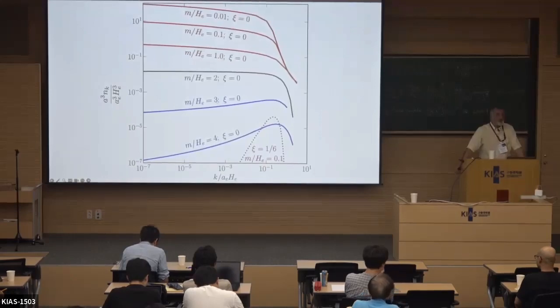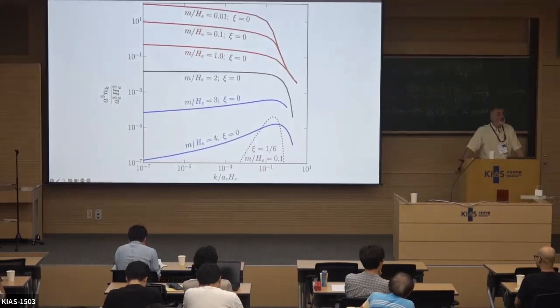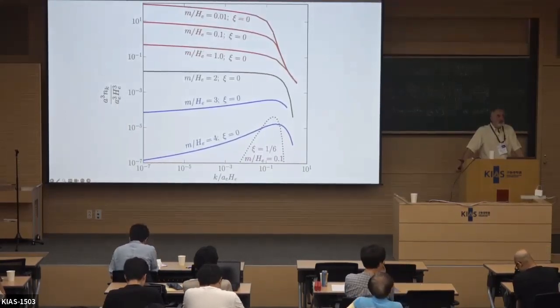Right, for the conformally coupled scalar, conformal symmetry is only broken by the mass term. For a minimally coupled scalar, it's just broken. So does that also explain the smallness of the number density there? Sorry? Does that also explain the smallness of the number density in the case of the conformally coupled theory?